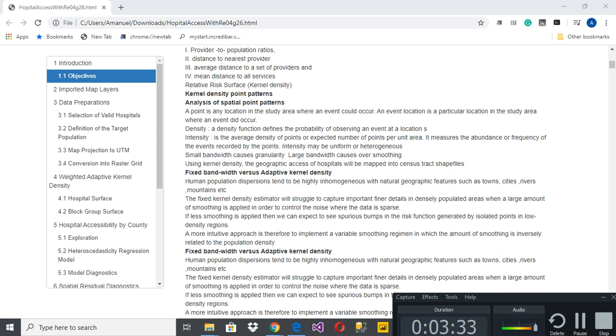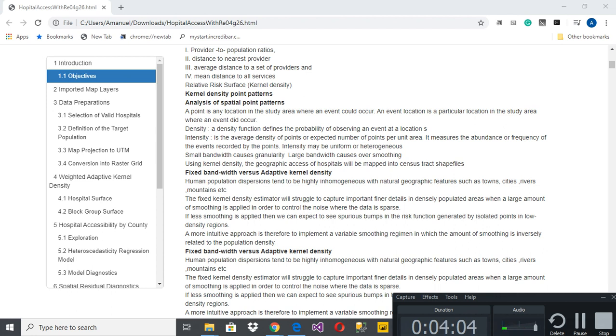Here we compare fixed bandwidth versus adaptive kernel density. The human population dispersion is highly heterogeneous with natural as well as man-made features such as towns, rivers, and cities. The fixed kernel density estimator will struggle to capture important details when we use a large amount of smoothing.